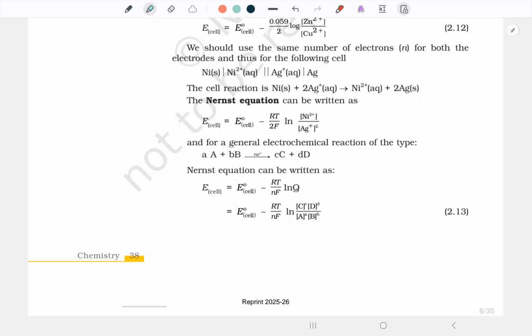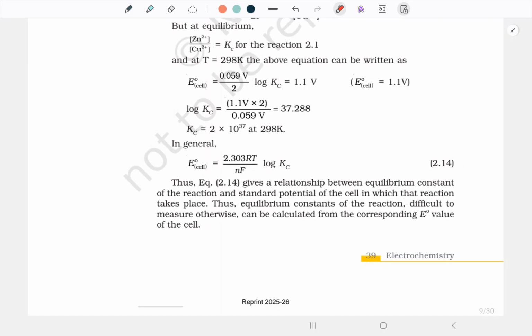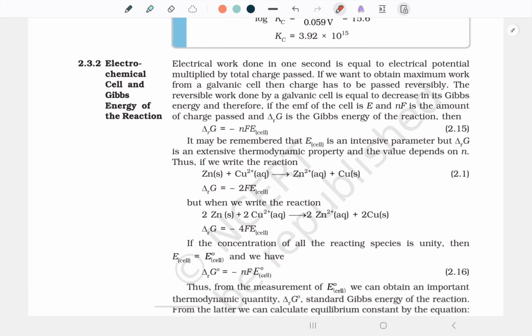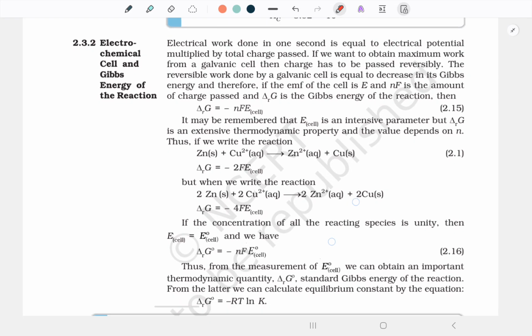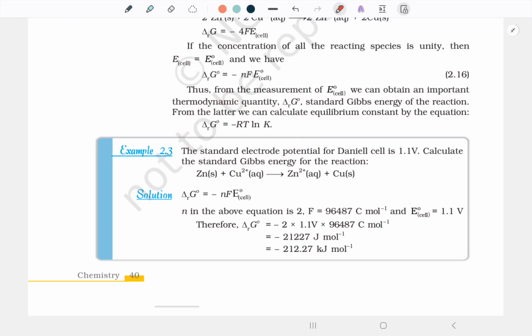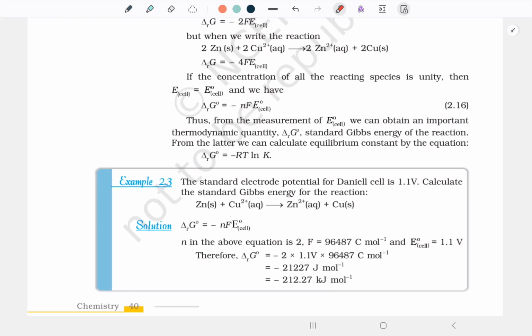And we have completed the equations of Nernst with electrode potential and EMF of the cell, and we have also discussed how to find the equilibrium constant Kc and the electrochemical cell and the Gibbs energy of the reaction, and chemical equilibrium is also studied.